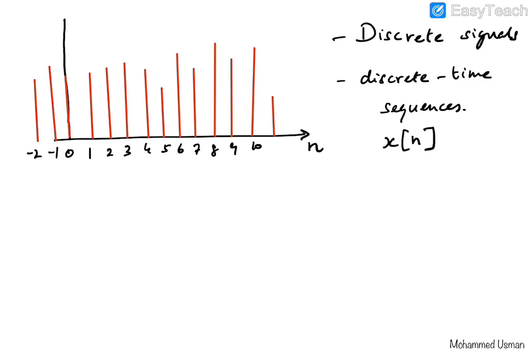So the general notation for a discrete sequence is x of n, general notation, okay? And the condition is that the value of n should always be integers. n takes only integer values.